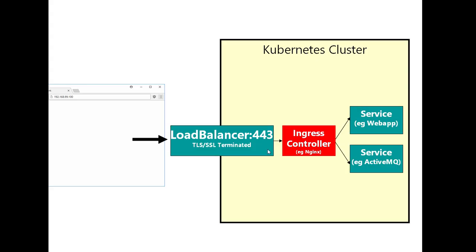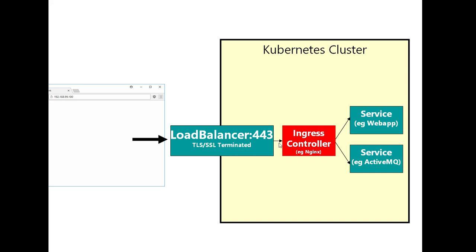For most circumstances, this is not a security problem. This link here is going to be plain unencrypted HTTP, but that's okay. It's inside our cluster. So only if you're on a really security paranoid project will that be a problem. This is just an inherent feature of terminating at the load balancer.